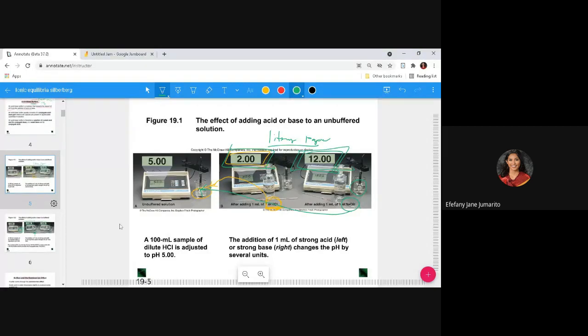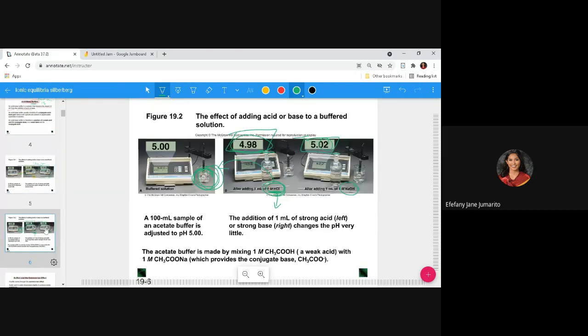Okay. So that's it. Buffers resist pH change. Why does it resist pH change? What is in a buffer?